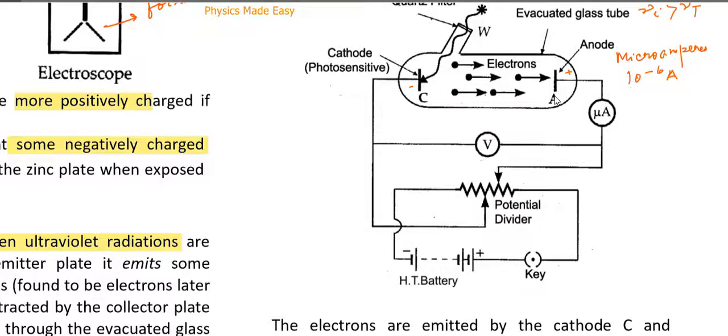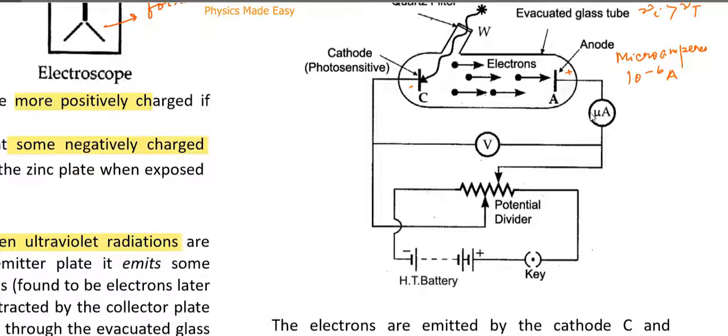Or in other words, at a particular negative value of potential, no electron will reach anode. If no electron reaches anode, photocurrent will be zero. That potential is known as the stopping potential.